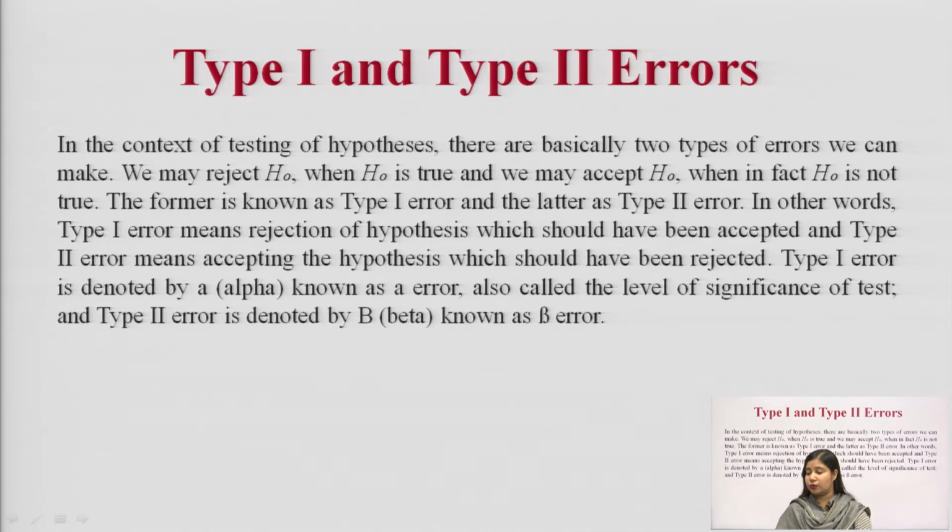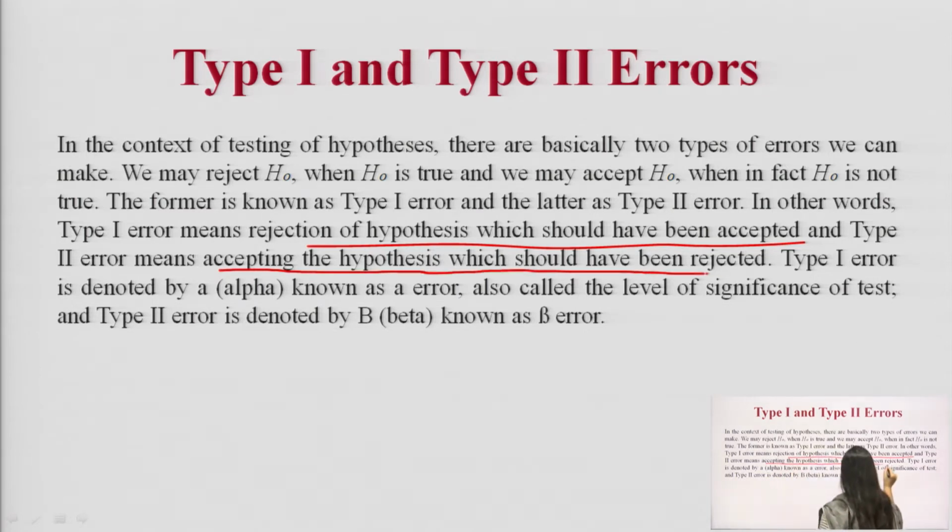error. In other words, the type 1 error means the rejection of the hypothesis which should have been accepted, means you have rejected the correct hypothesis, and the type 2 error means you have accepted the hypothesis which should be rejected, means you have accepted the wrong hypothesis.